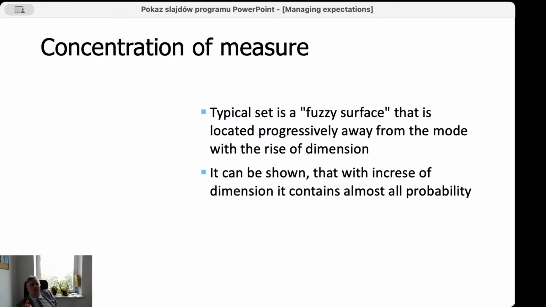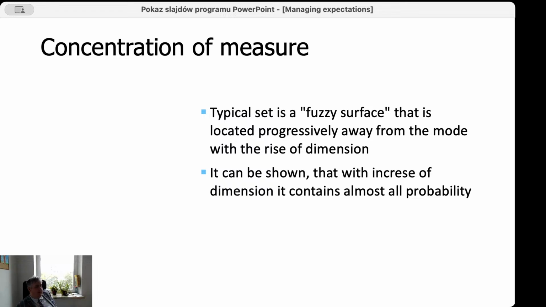This is called a concentration of measure, because this typical set is not well defined, with some kind of a fuzzy surface that is not precisely defined. It is progressively away from the mode the bigger the dimension is, because then the volume rises faster, so it moves farther away. And we can see that as we increase the dimension, which can be shown mathematically.